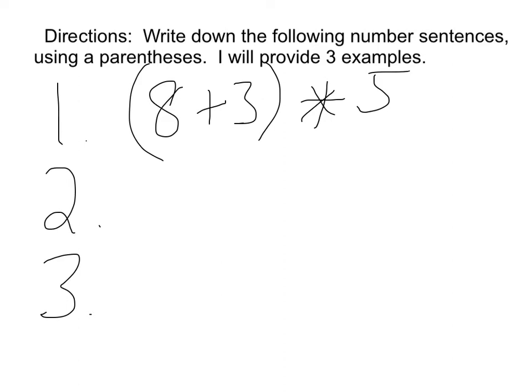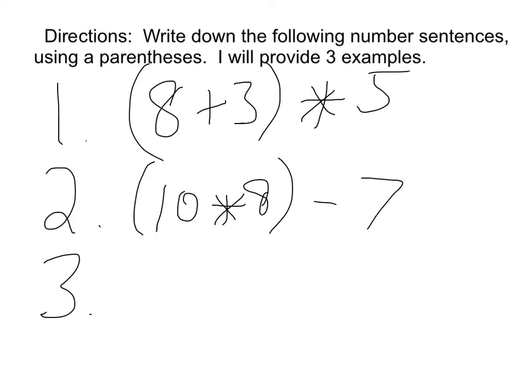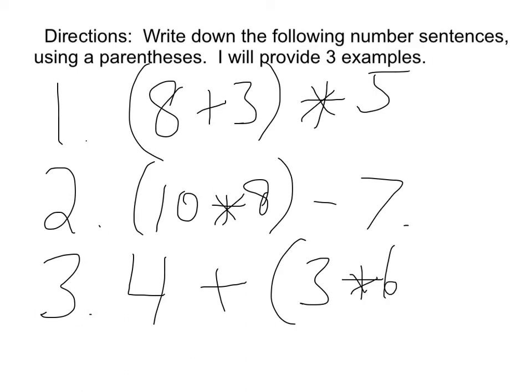For number 2, you should have had in parentheses 10 times 8 minus 7. Finally, for number 3, for the number story, you should have had 4 plus, in parentheses, 3 times 6. That would give us a total of 22.